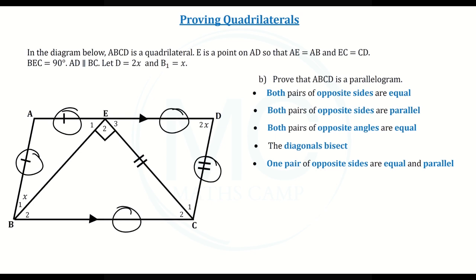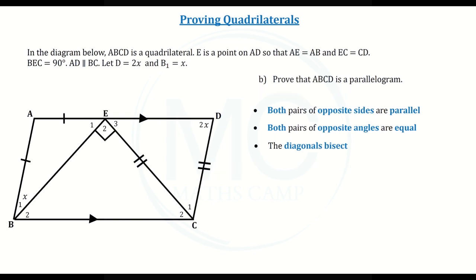So let's take these two reasons out of our list. We know that AD is parallel to BC, but we don't have enough information to prove that AB is parallel to CD. So we can take this reason out of our list as well.